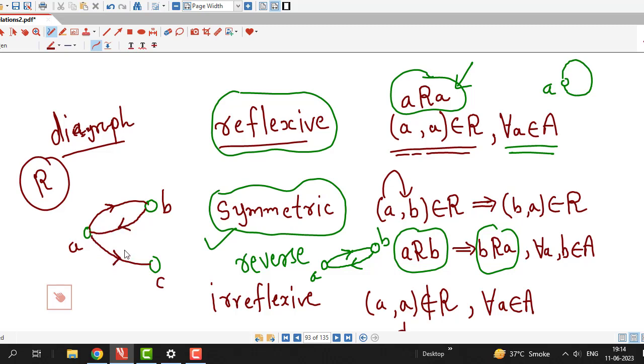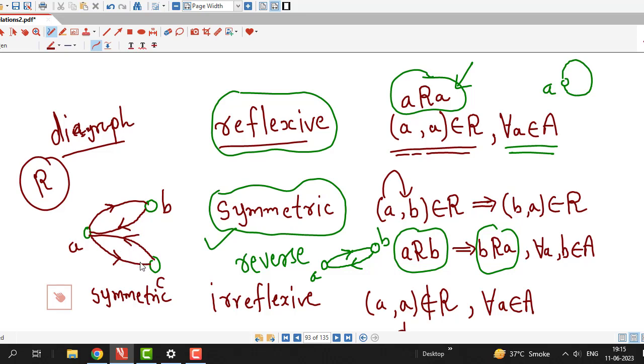Similarly, a is related to c, so I must have a reverse arc from c to a also. So this is the graph of a symmetric relation, because there is a reverse edge for every edge.